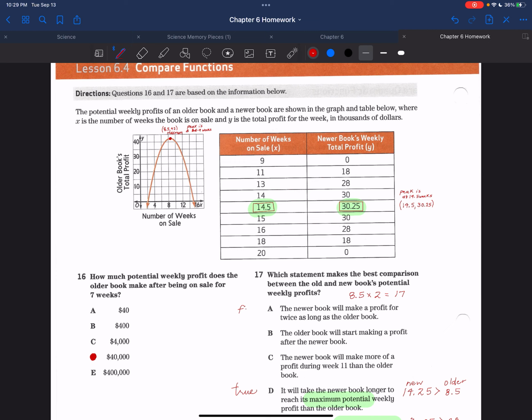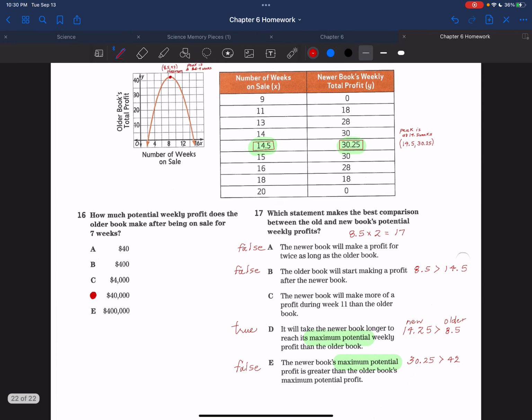So this is a false statement. The older book will start making a profit after the newer book. Well, the older book starts at 8.5 weeks. So we're saying that 8.5 is more than 14.5. That is a false statement.